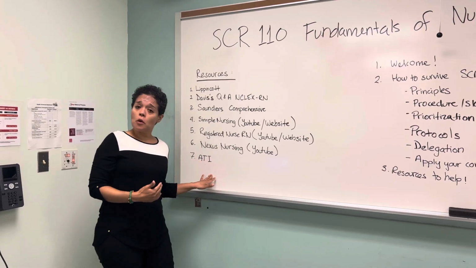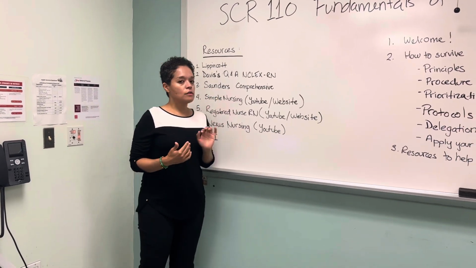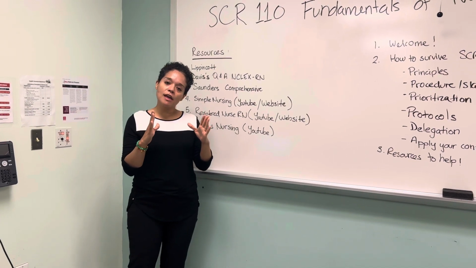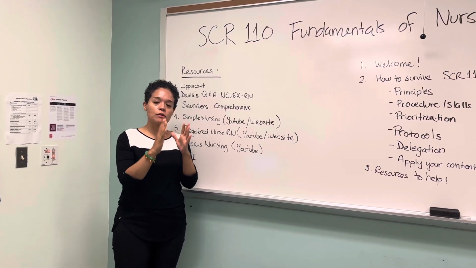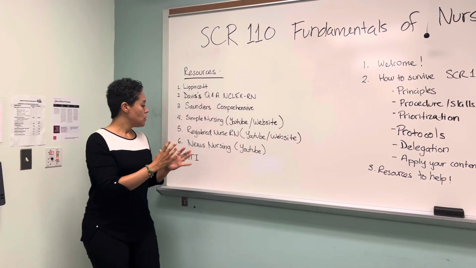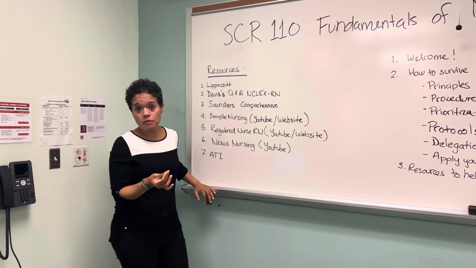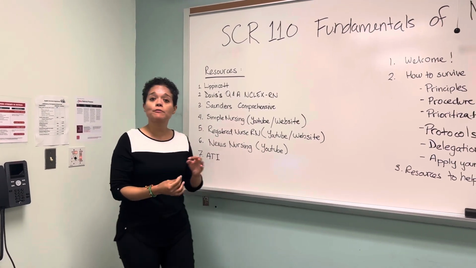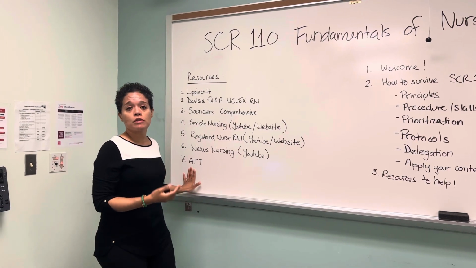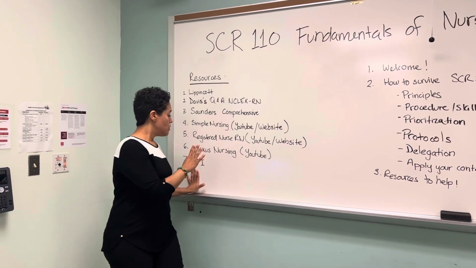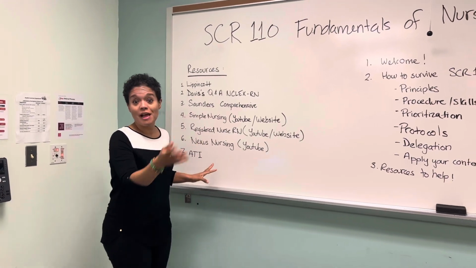There's also the physical books that are very similar to Saunders, which they provide the content in a very concise, very straightforward format. So this is a great source to have, and it's also very vital to have when you are preparing for your ATI exams. So having this along with your lecture textbook, this is a great combination and a great way to pass your exams and your class.